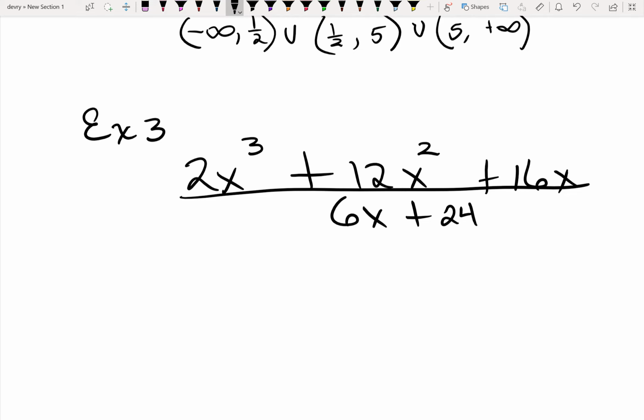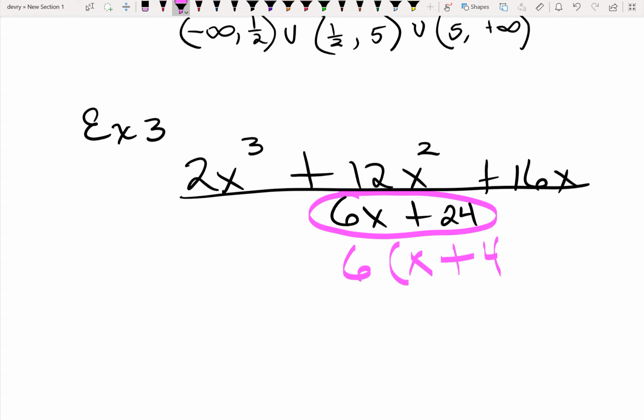The first thing I want to factor, obviously, is the denominator. If I take out a 6, I'm left with x plus 4. The 6 is irrelevant to me. It's the x that matters. If x plus 4 is equal to 0, which is what I don't want, then x would have to be negative 4. Again, because we don't want this to be 0.